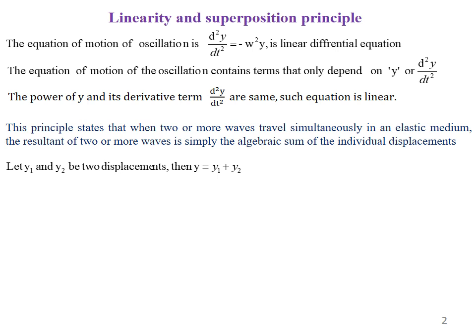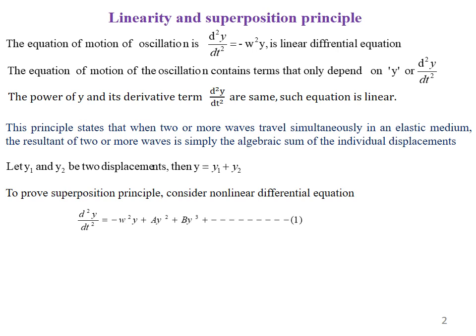To prove the superposition principle, consider a non-linear differential equation: d square y divided by dt square is equal to minus omega square y plus a y square plus b y cube, equation number 1. Suppose y1 and y2 are two solutions of equation 1.